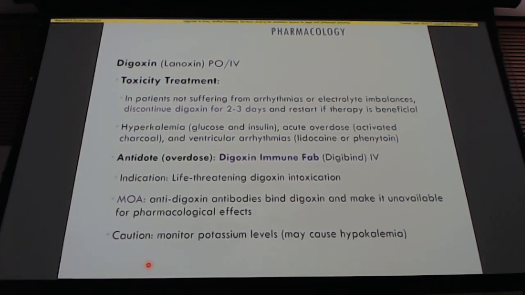It won't let us be great. So monitor your potassium levels, because it may cause hypokalemia. So essentially what happens is sometimes you'll see a decrease in the potassium levels because they will shift back into the cell. And sometimes that can increase their risk of mortality and morbidity because of that shift of the potassium that happens.